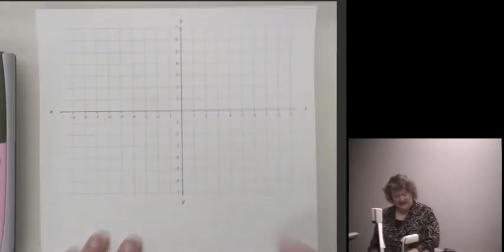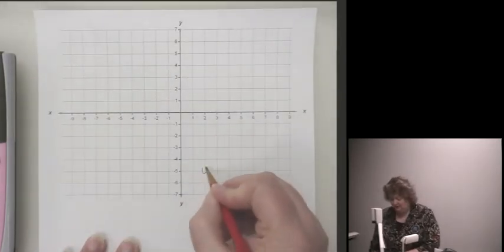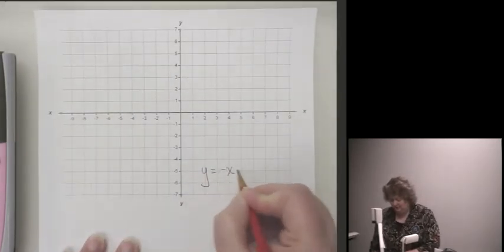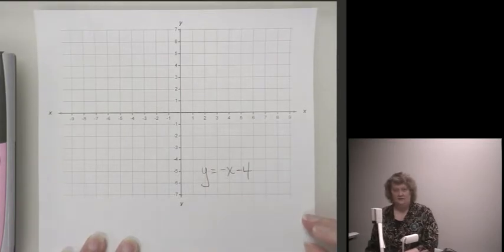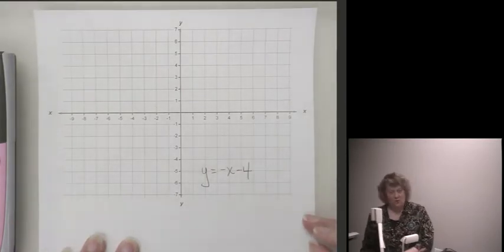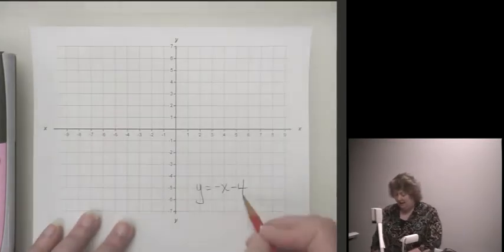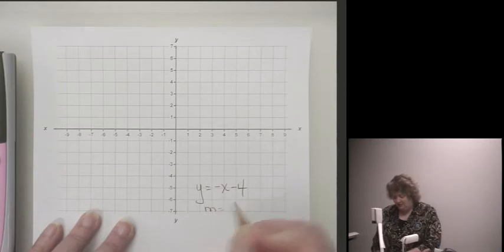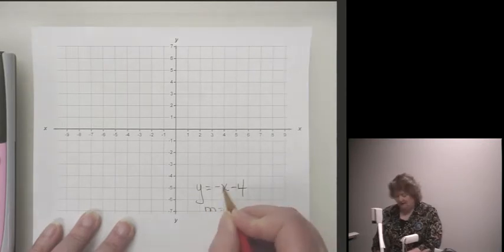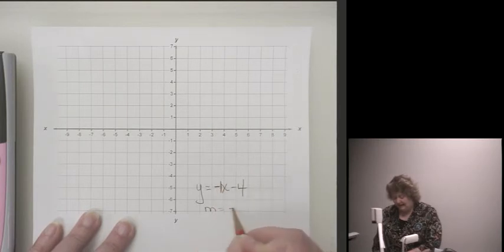Okay, let's look at the next one. We have y equals negative x minus 4. Our slope, remember, if it's not got a number in front of it, it's got a 1. And so in this case, our slope is a negative 1. It's a whole number. We need to write it over 1.